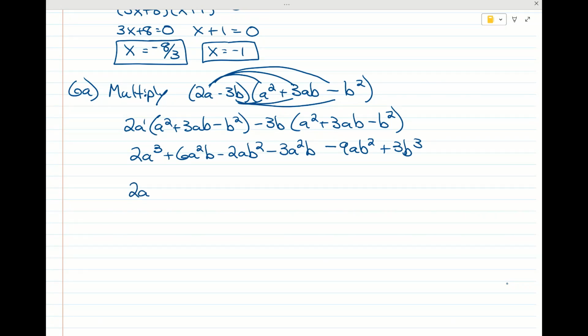Doesn't look like we have any more a to the third power or a cubed. It looks like we have an a squared b here. We also have an a squared b here, so I'll combine those to get 3a squared b. We have an ab squared. We have an ab squared. This would be minus 11ab squared. And then we're just left with the 3b to the third.